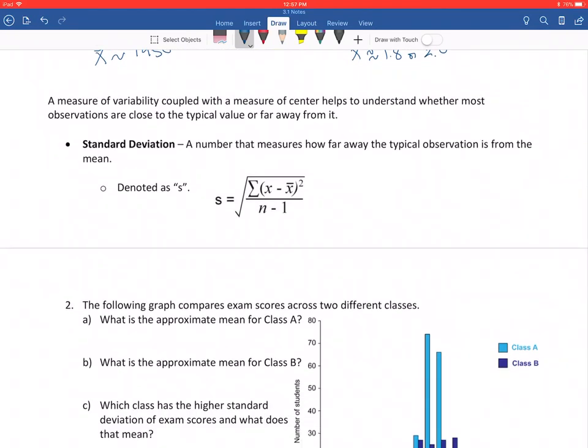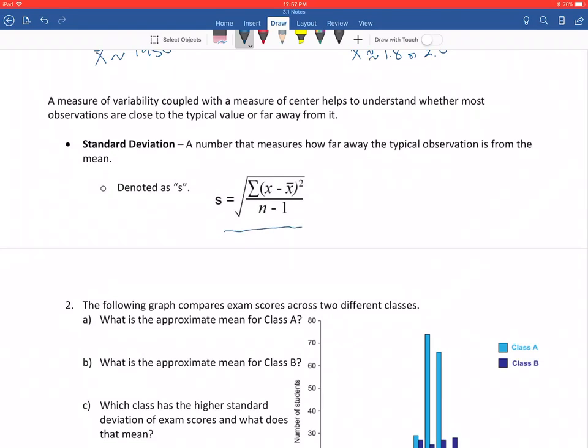We want to not only use the measure of center, but we want to couple that with the measure of variability to help us understand whether most observations are close to that typical value or far away from it. So we've got mean, which is a measure of center, and a measure of variability is what we would call standard deviation, which measures how far away the typical observation is from the mean.